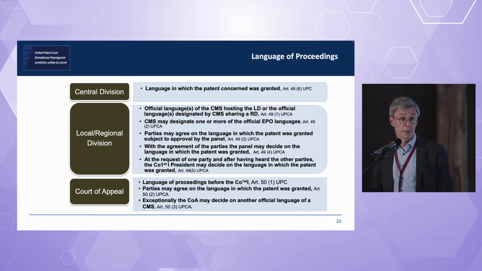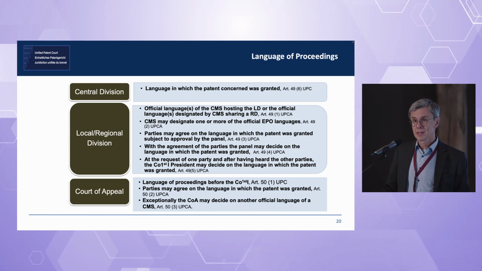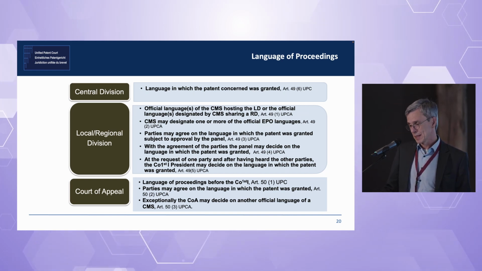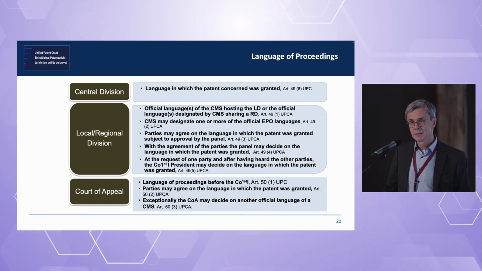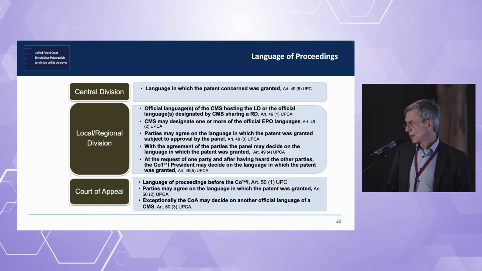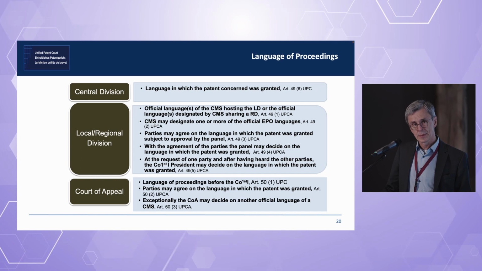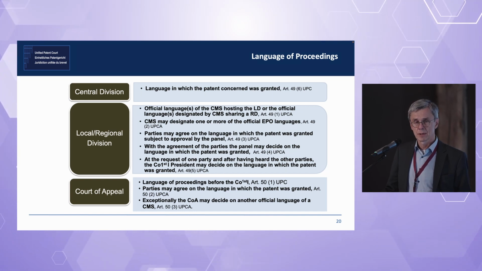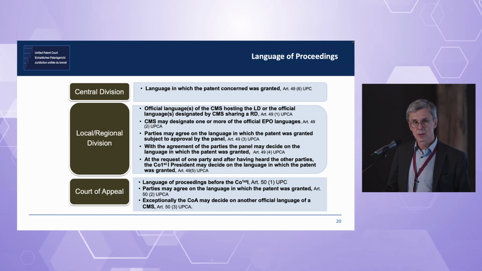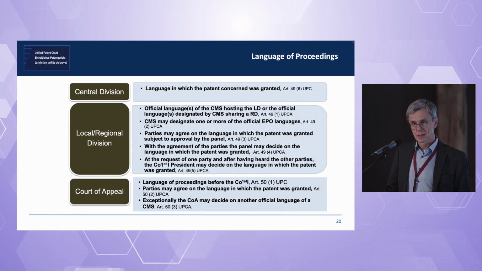Languages. Well, Europe has a multitude of languages, and of course that doesn't make things easier. Essentially, it is the official language of the contracting member state that is hosting a local division that is the language of proceeding.